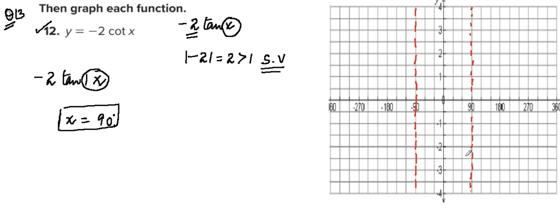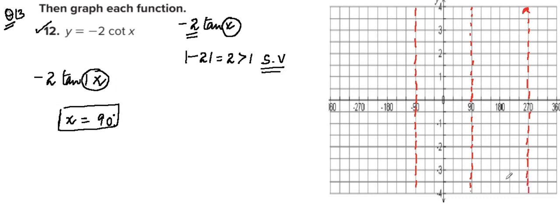So where will be the next asymptote? Add 180 here. 90 plus 180, you would reach 270. So the second asymptote on the right side is at 270. Why 270? Because the difference from minus 90 to 90 is 180, so you add 90 plus 180, which is 270.